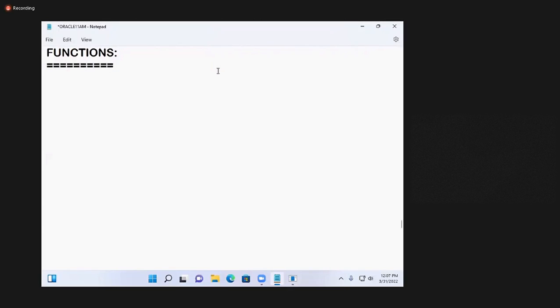Now, do you understand a function? A function is nothing but to perform some actions, tasks, operations, and return food, not food here, return what now? Value. So a function is nothing but to perform some task and it must return a value.